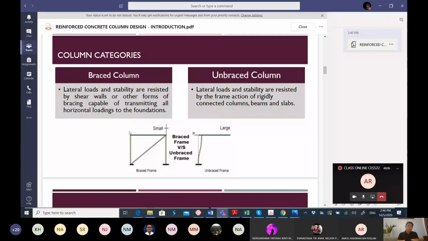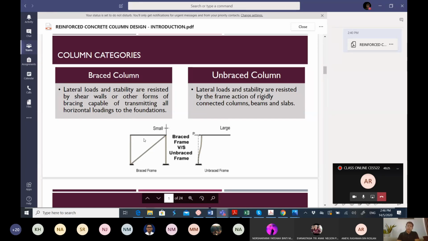So normally we will use a braced column. Lateral loads and stability are resisted by shear walls or other forms of bracing capable of transmitting all horizontal loading to the foundation. Here is the example for the braced column.